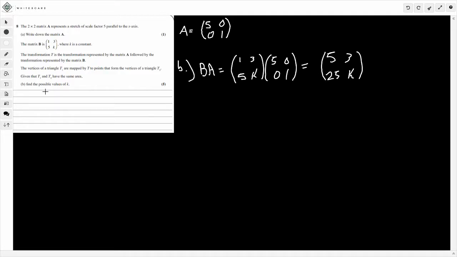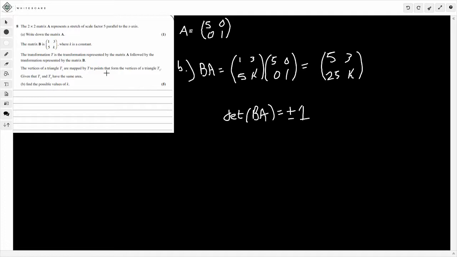Now, the next important bit is that we're given that T1 and T2 have the same area. So what that actually means is that the determinant of this matrix, BA, is either plus 1 or minus 1. So the determinant of BA is plus or minus 1.